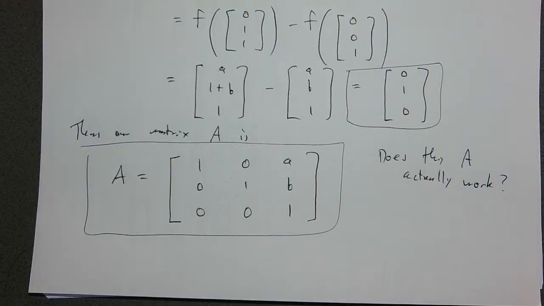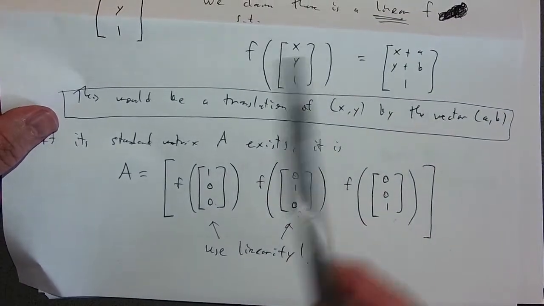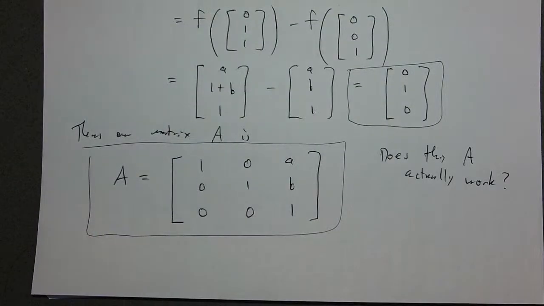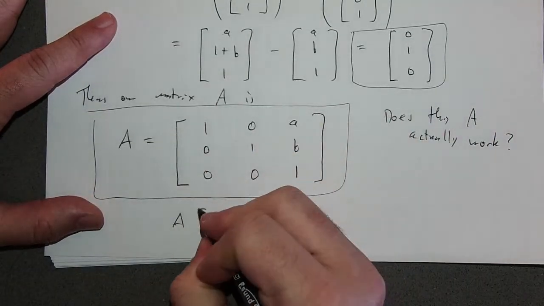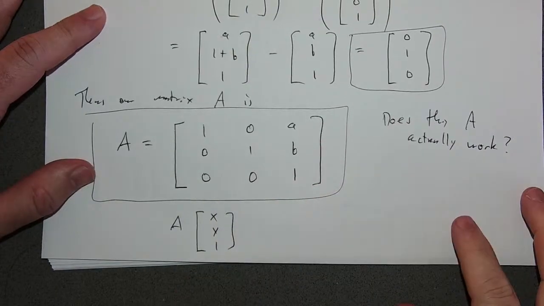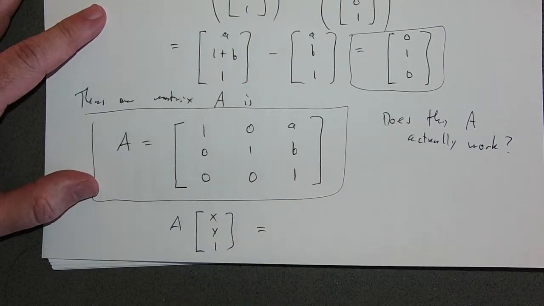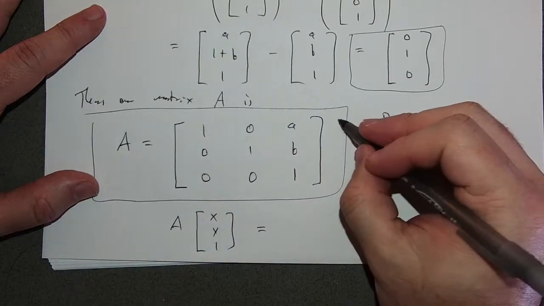So all we have to do to check that this actually works is that it satisfies what f does, so this is what this matrix multiplication needs to do. So the question, what is A times the vector (x, y, 1)? Here's A, and here, if it helps, I write (x, y, 1) next to it.